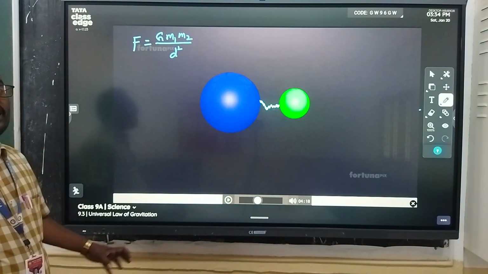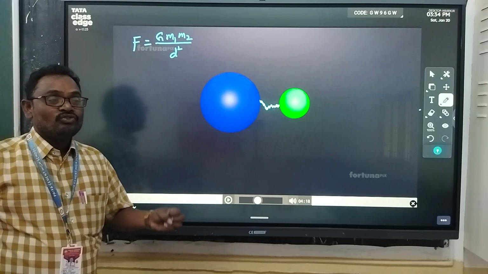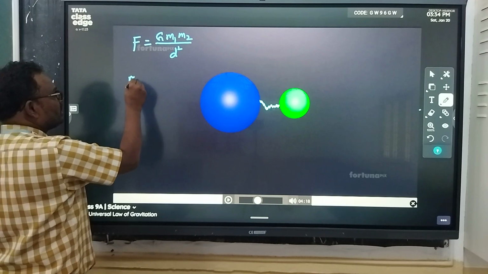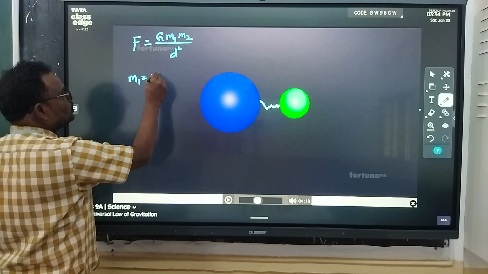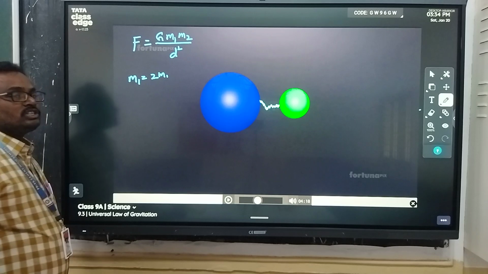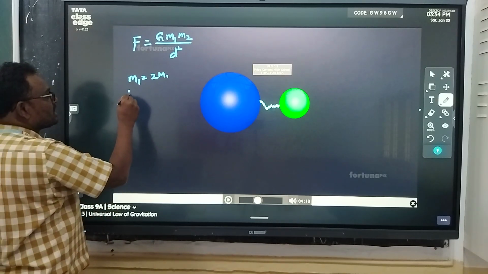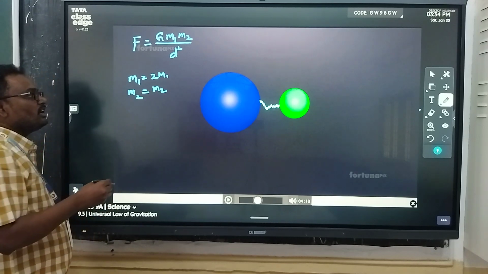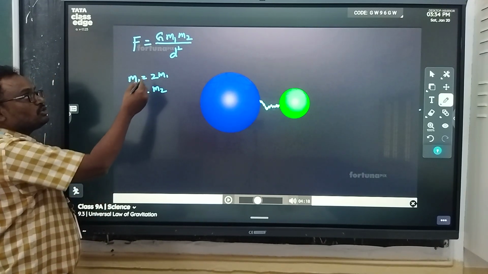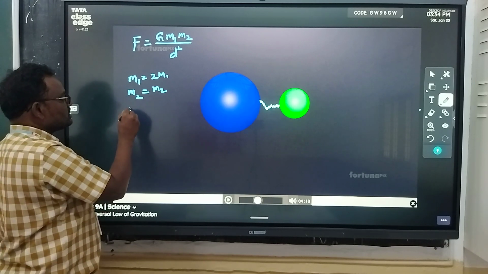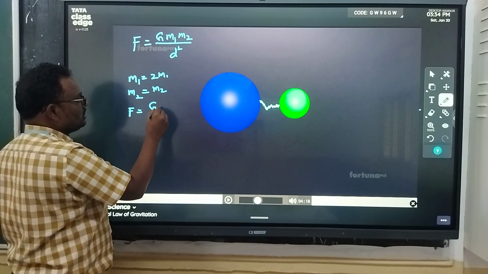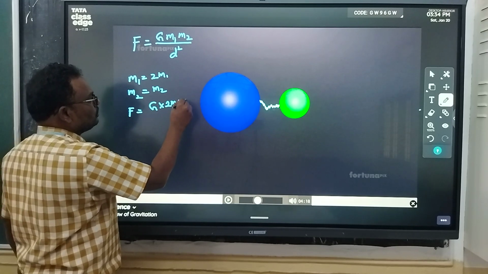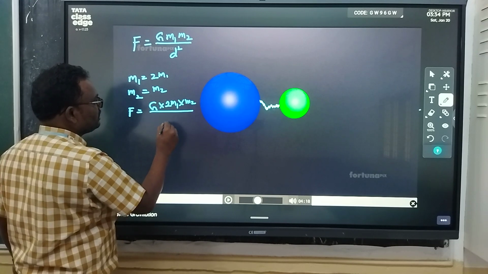What will happen to the force of gravity if the mass of one body is doubled? Let us imagine that m1 becomes 2m1. Here the first body is doubled, the mass of the second body m2 remains the same, and the distance stays the same. If we substitute this value in F is equal to G into m1, we get 2m1 into m2 by d square.